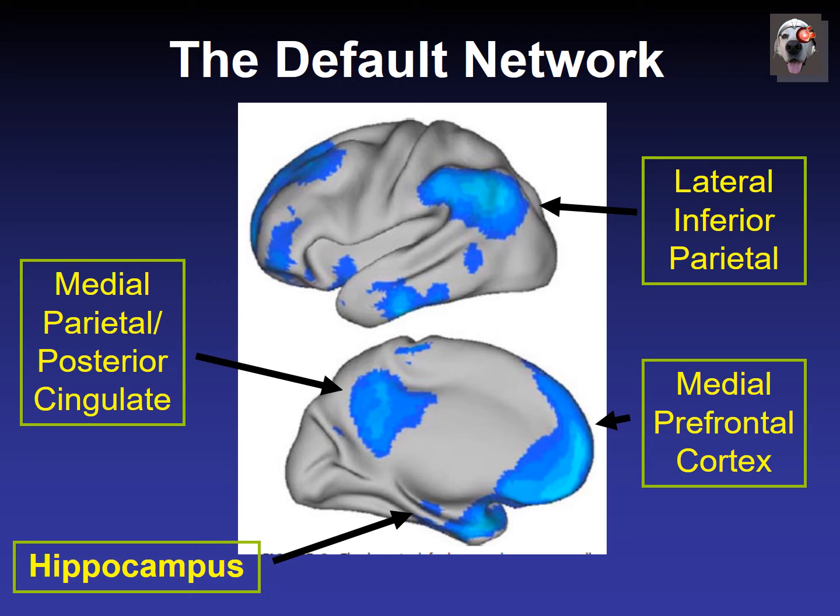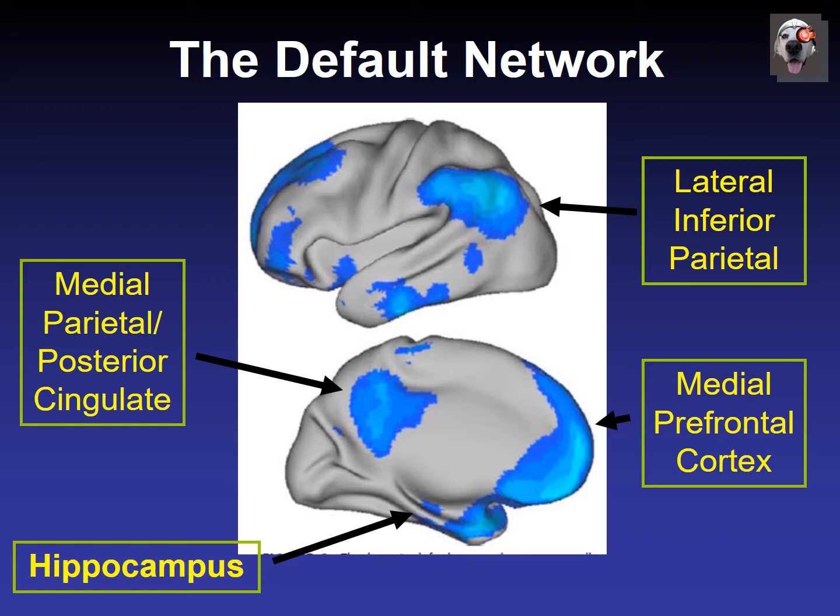Two other regions that have popped up since the original proposed default network are what we see up here in the top brain image, the lateral inferior parietal region, and that area lights up in lots of tasks that are related to self, including tasks like episodic memory. And of course, episodic memory is in many ways about the self.